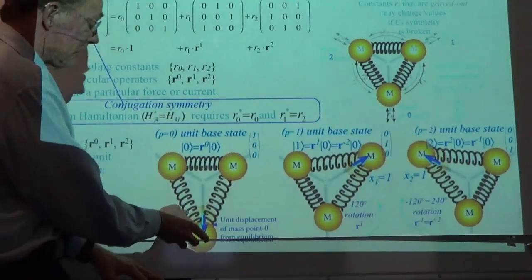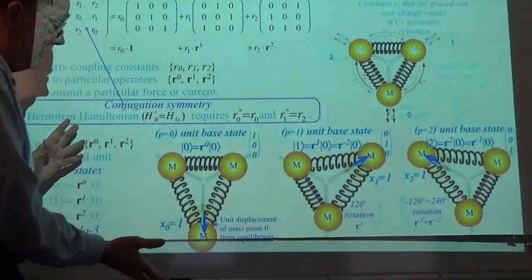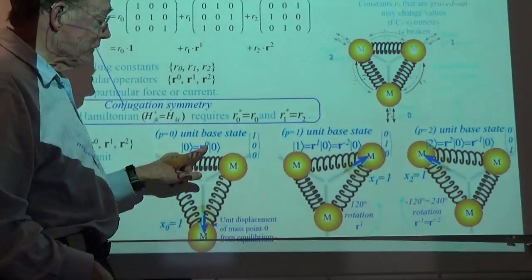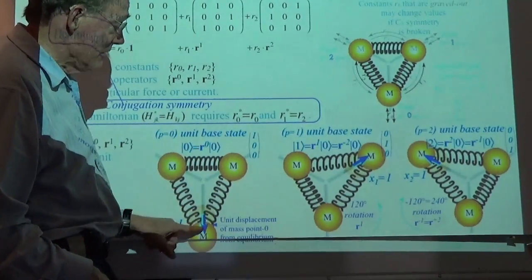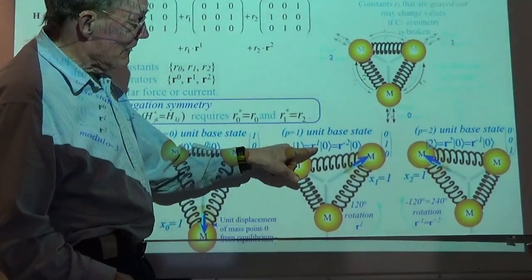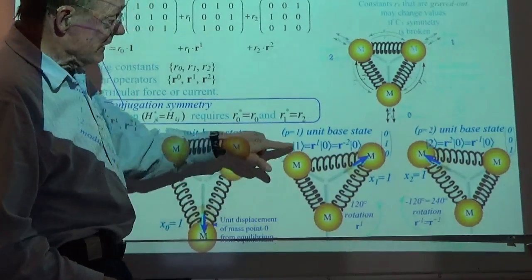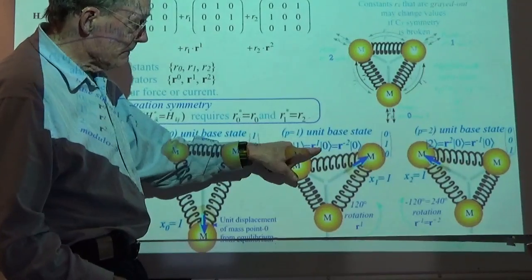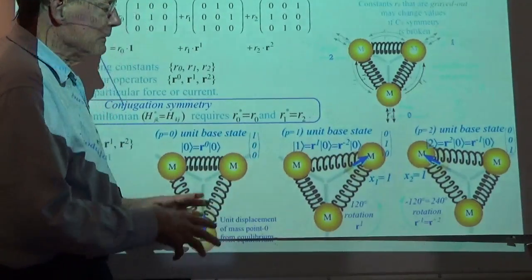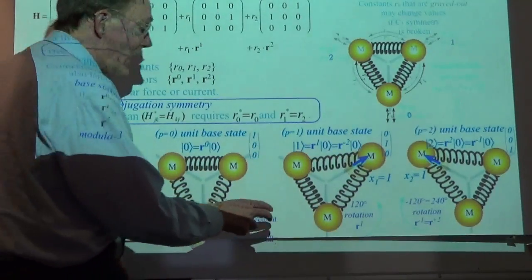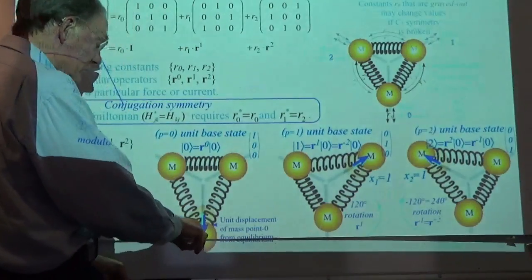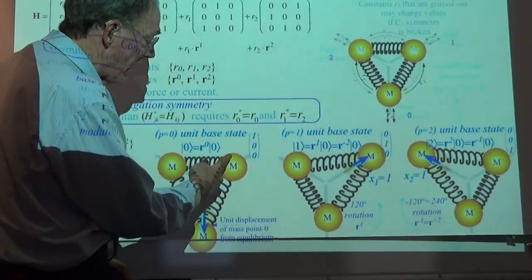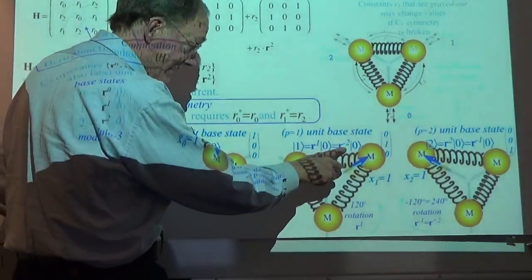So here's unit displacement. Now I do an operation, r to the 0th power, which describes this one, but r to the 1st power on the original state. I get the next state, number 1, the p equals 1 base state. Or if I want to be really precocious, I do the operation r to the 2nd power, going the other way.